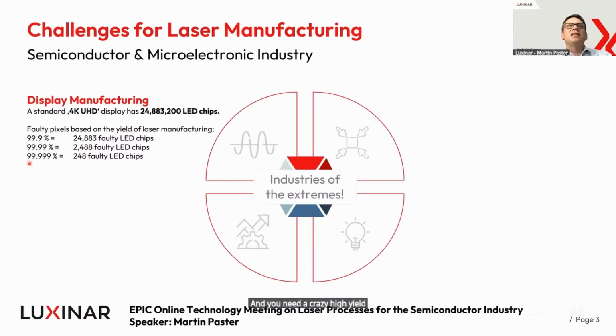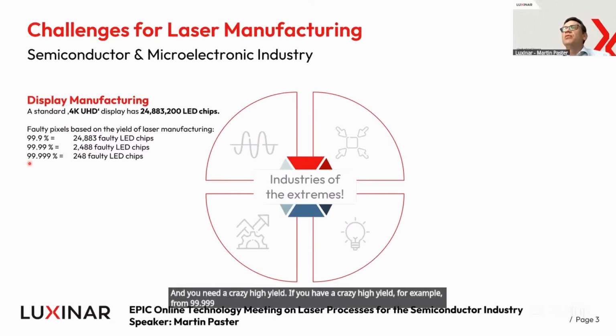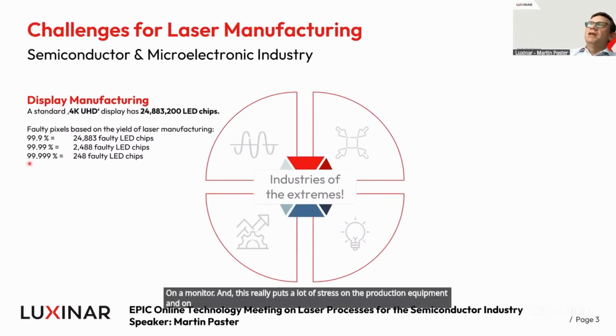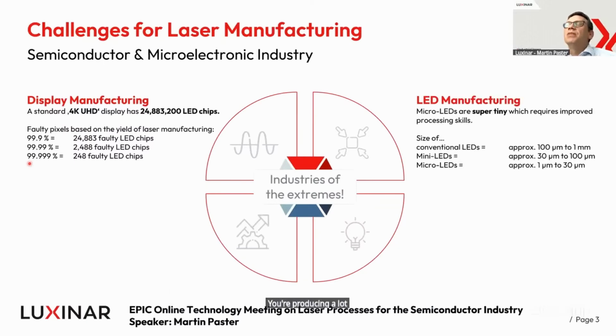If you have a crazy high yield, for example, 99.999%, you still have almost 250 defective LED chips on a monitor. And this really puts a lot of stress on the production equipment and on the manufacturing, because you can see if your yield in the manufacturing just drops a little bit, you're producing a lot of crap and you don't have a lot of good components.